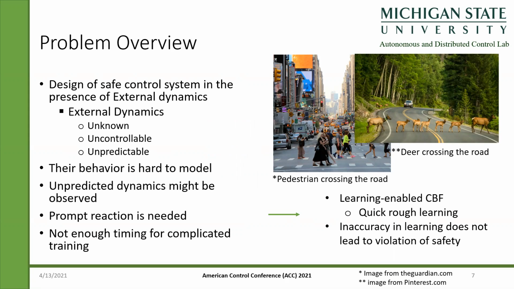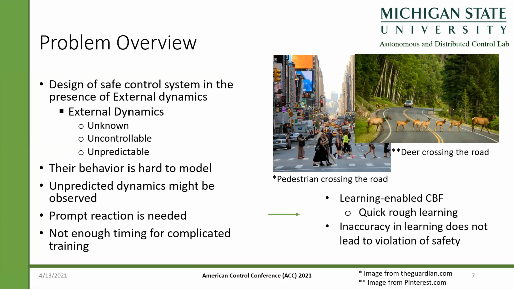These external dynamics are unknown and pretty much uncontrollable, like you really can't control the behavior of pedestrians on a road, and also they are unpredictable. Their behavior is very hard to model, especially when we have human behavior in the loop. And still some unpredicted dynamics might be observed, like the jump of an animal on the road or some other unpredicted behavior.